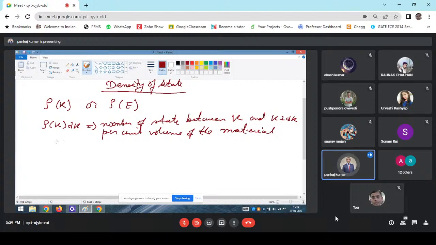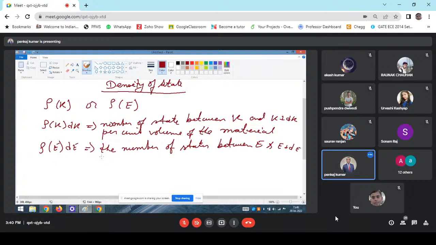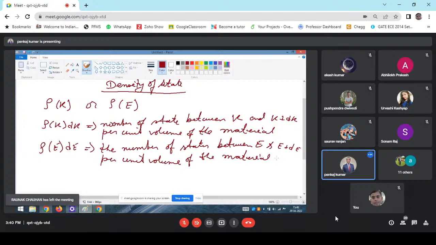Okay. Similarly, this rho E dE also has the same meaning: the number of states between E and E plus dE per unit volume of the material, right?